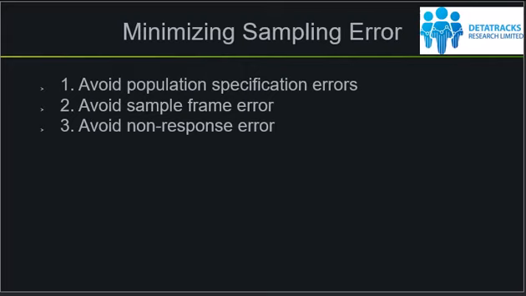Let's look at the second one, which is avoid sample frame error. Sample frame error occurs when a survey samples the wrong segment of the total population, usually because the surveyor has missed a new trend or change in their target population. And the third one is avoid non-response error.